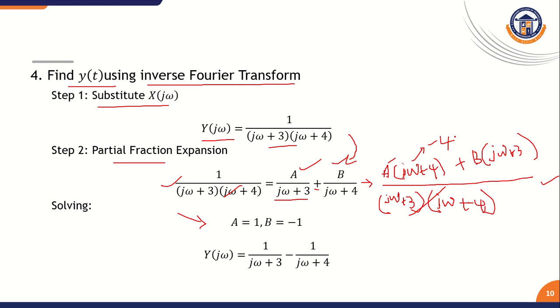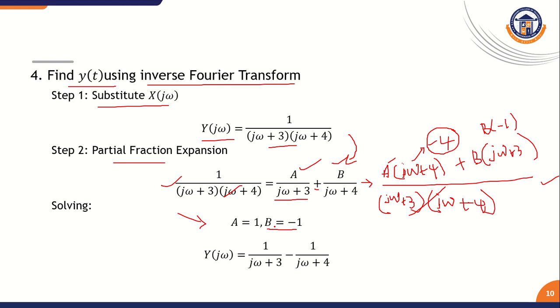Then this term is cancelled, and the term comes like b into minus 1. After simplification, we get b value equal to minus 1.